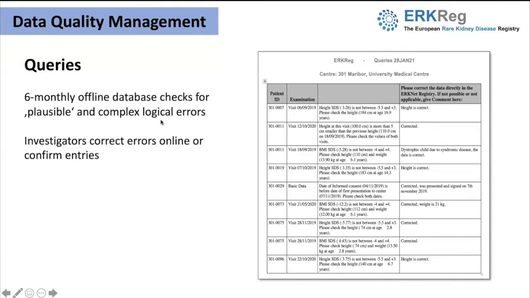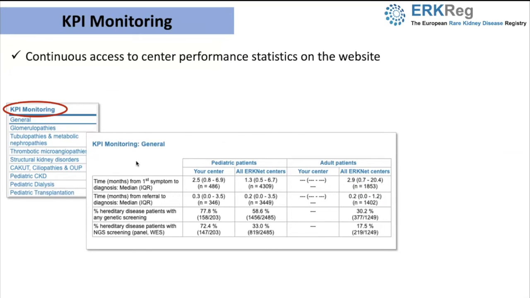Then the system gives us an error message. And so we collect these potential errors in tables, which we send as queries to the investigators, and then they correct errors online, or they confirm the correctness of the entries. So by this two-layer system, we think we have quite a high data quality now in the registry.